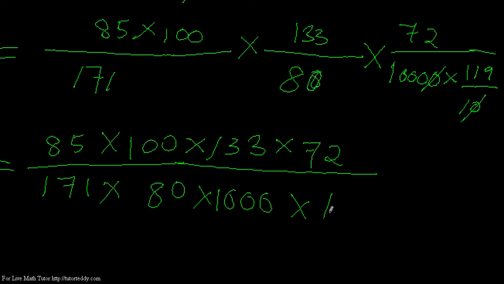Now we see whether we can cancel the numerator and the denominator by their common factors. First thing which I do is I cancel out the zeros. That means 0 here gets cancelled. Another 0 from here and another 0 here get cancelled.